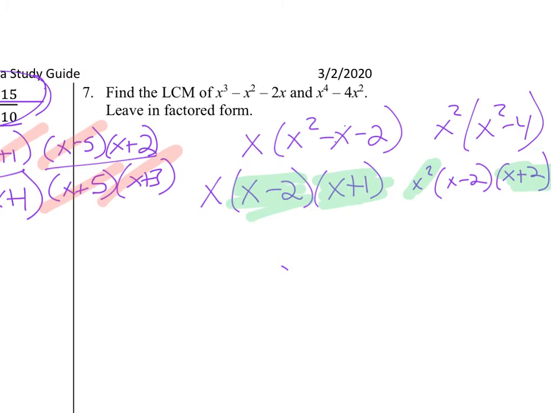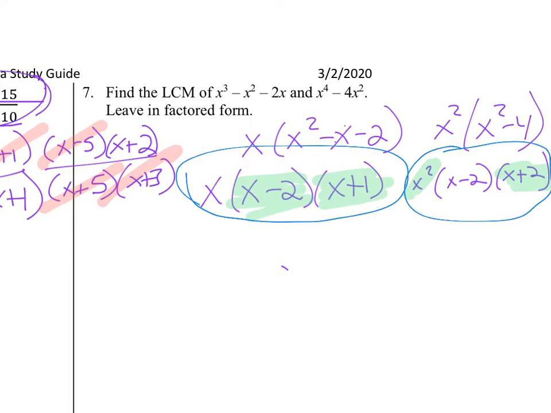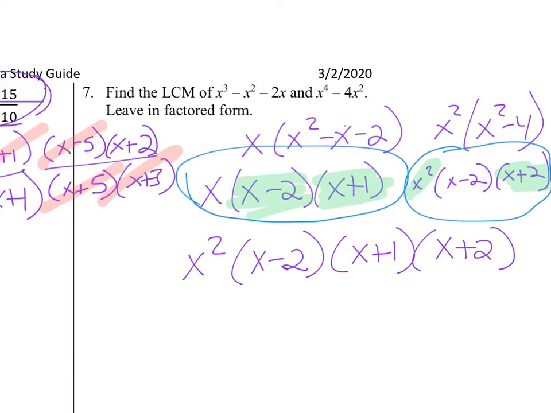So what that means is that these two different terms are both factors of the number I'm about to write. So I have x squared, x minus 2, x plus 1, and x plus 2.